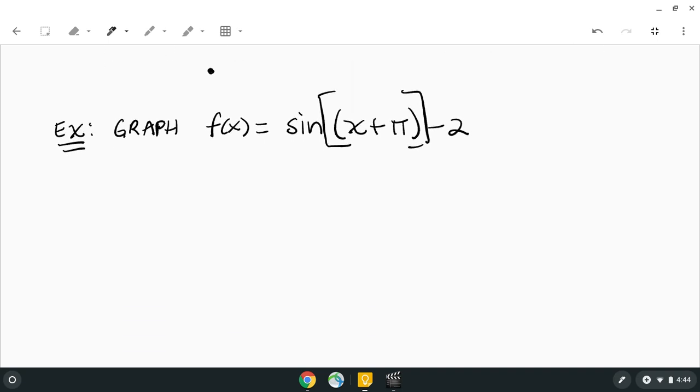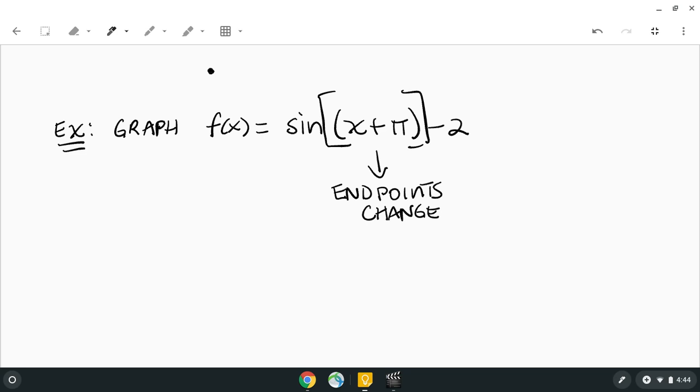Your endpoints will no longer be 0 and 2 pi. And yes, this is just a shift to the left pi units, but when they start throwing a multiplier in there, then it gets a little trickier.